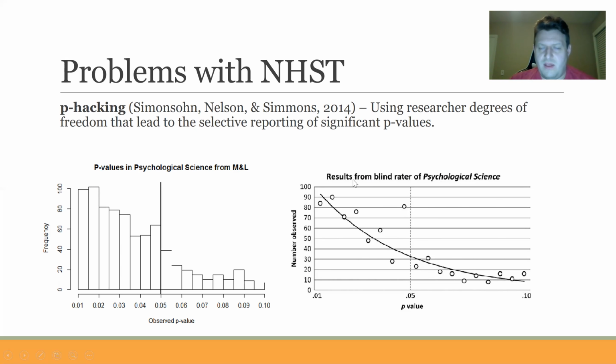And null hypothesis significance testing leads us to try to make these decisions. It leads us to really want to go on the other side of the p-value. Let me explain that more. Null hypothesis significance testing leads us to try to get below that threshold, below that alpha level, which is 0.05 for psychology.